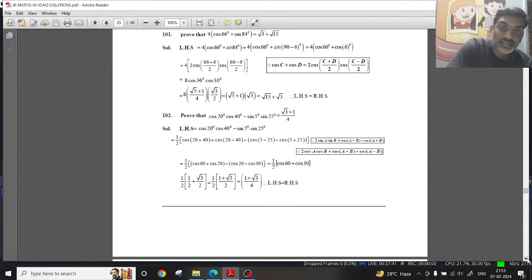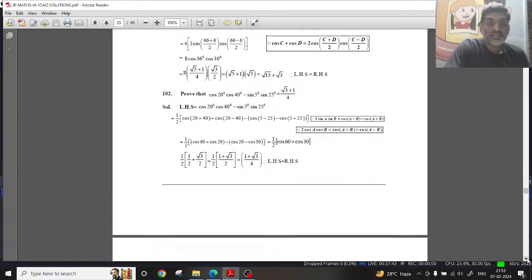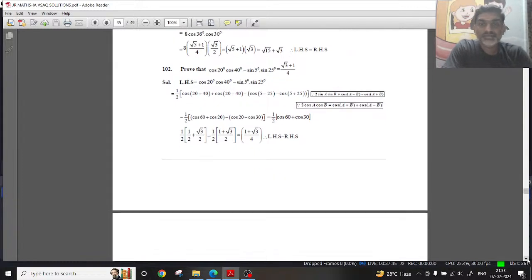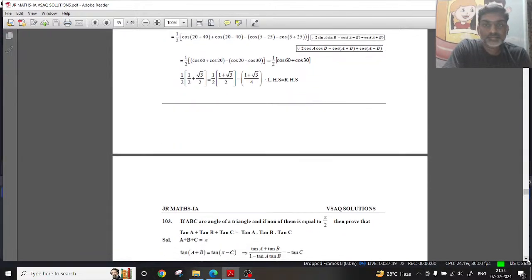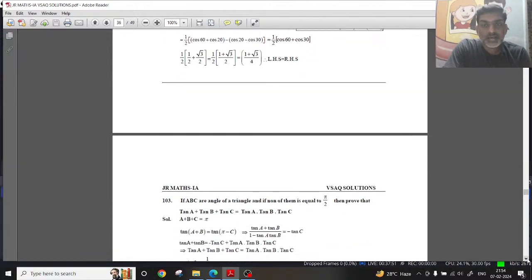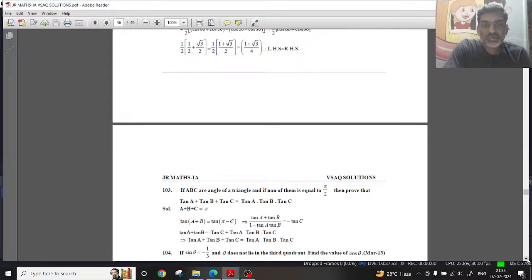And then next, 103. This model is also important. In triangle ABC, none of the angles equal to 90, then prove that tan a plus tan b plus tan c equals tan a tan b tan c.